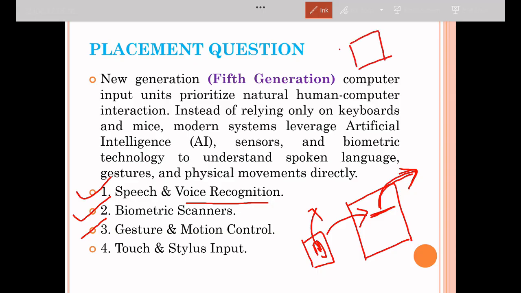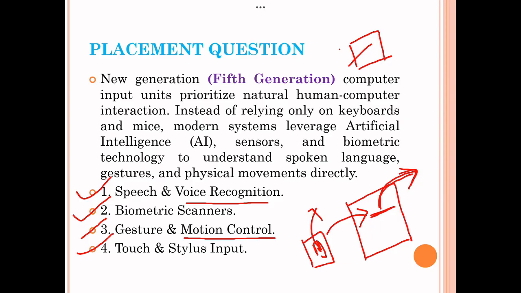According to artificial intelligence, they check gestures especially in railways or airbases. If police think some person has a criminal issue, then with the help of motion and gesture they can identify that the person has a criminal background. So this is also basic. This is the fifth generation input, and similarly touch also. So these are very important. Before it was the old, now this is a new one.